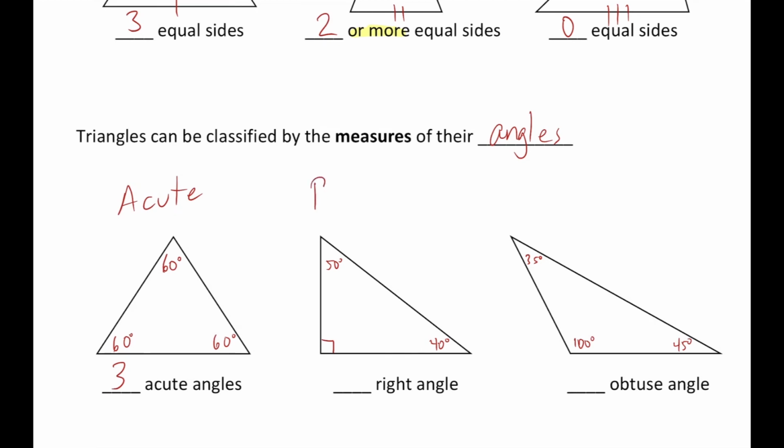Or if I have a right angle, then this would be a right triangle, and it has one right angle. And if I have an obtuse angle, I would have an obtuse triangle, and it has one obtuse angle. And so here I have my obtuse angle, my right angle, and then my three acute angles.